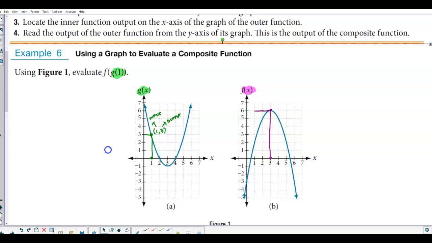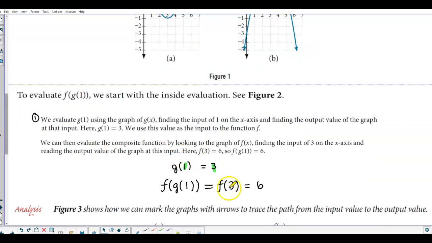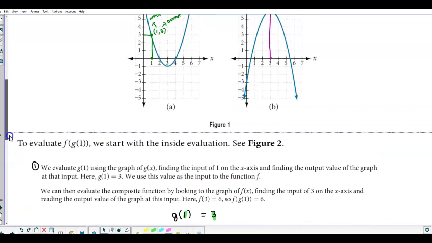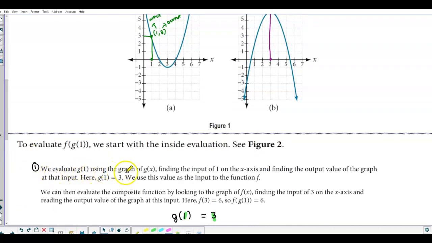That gives you 6, because on f, this is the ordered pair where the input is 3 and the output is 6. So f of 3 becomes the value of 6.